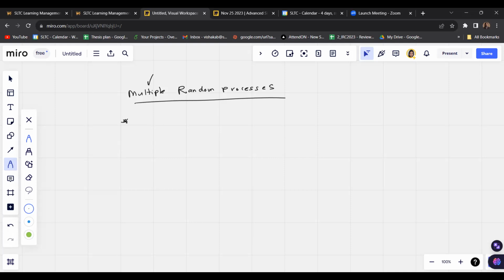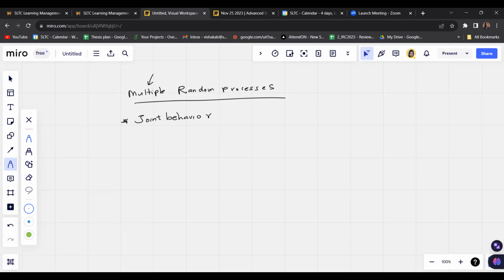Multiple means we are going to consider different random processes, which could have some similarities. We are going to compare them and find any kind of similarities between two or three different random processes.